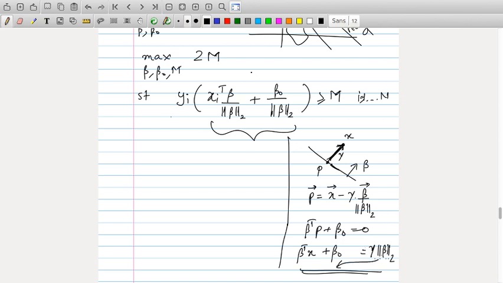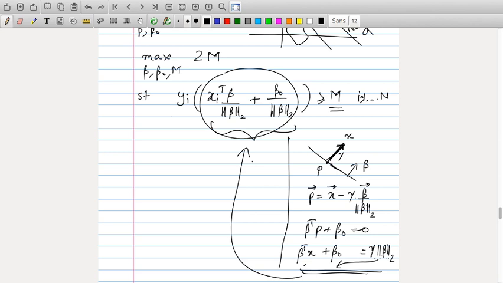So that is this thing here, and gamma is on the right hand side, and I'm saying the smallest gamma is my margin. So I'm just saying let all the points be at least that margin away. Okay, are you seeing the relation from here to there, or no?